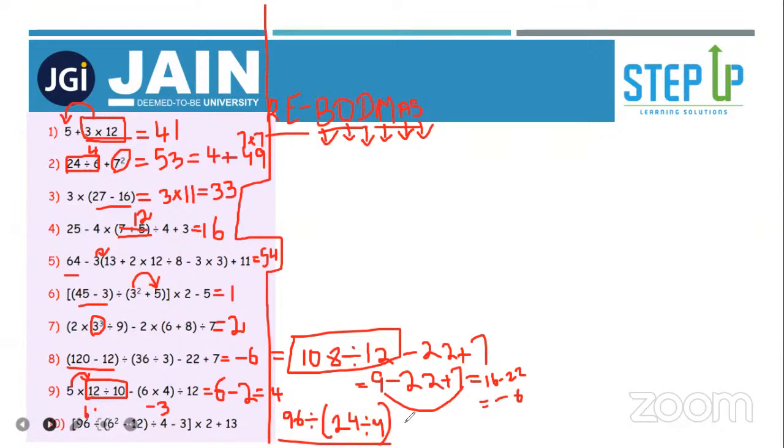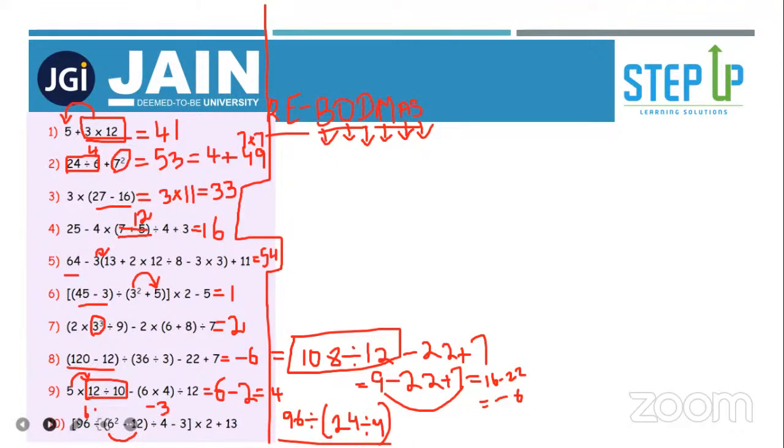We'll check it. You got this 24. Next, what did you do? After changing this as 24, what did you do?